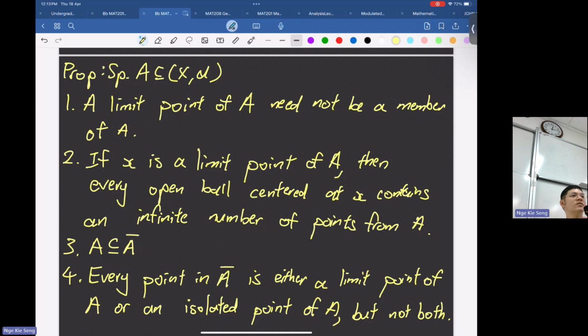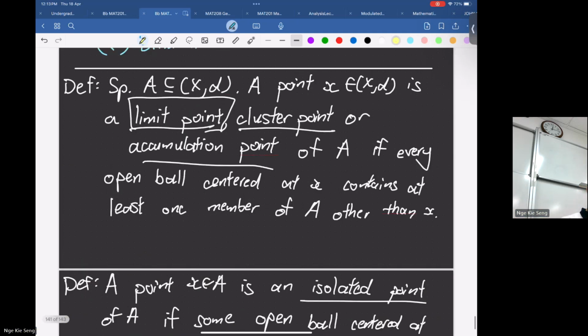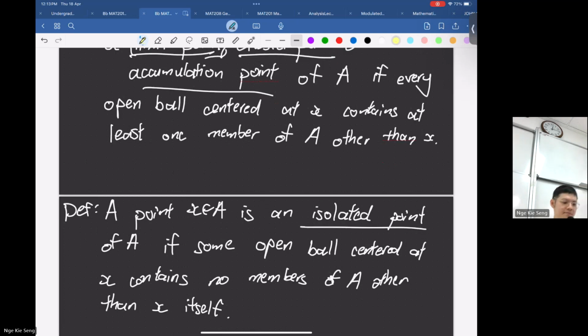What does isolated point mean? There exists a ball centered at x such that there's nothing else.